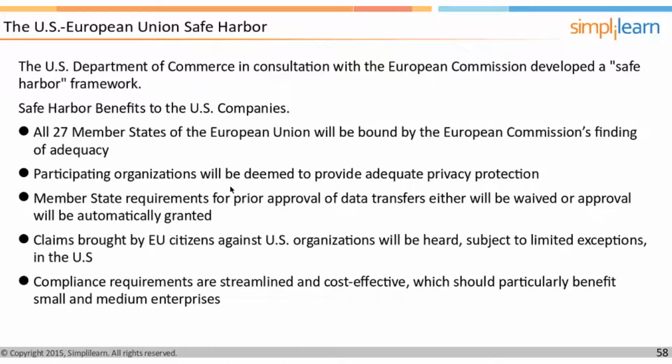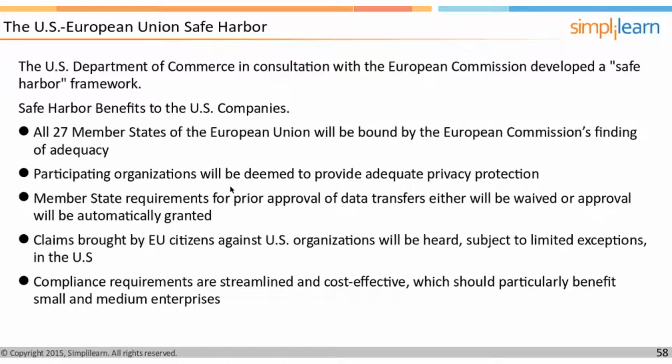Immediately after that, the U.S. government again started working on another framework, and the new framework is called the Privacy Shield, and I think it's in force now. You can do a little Google research, and from February this year, 2016, that is in place.